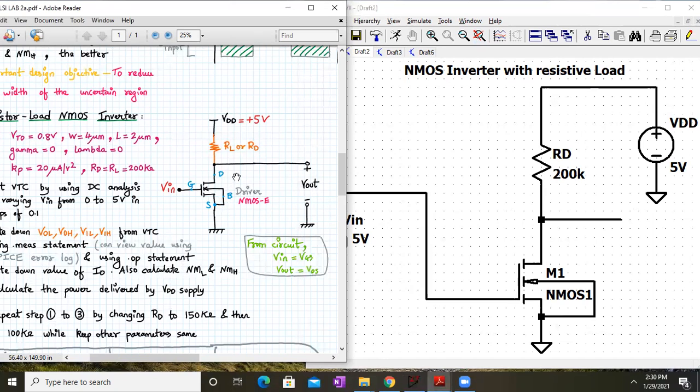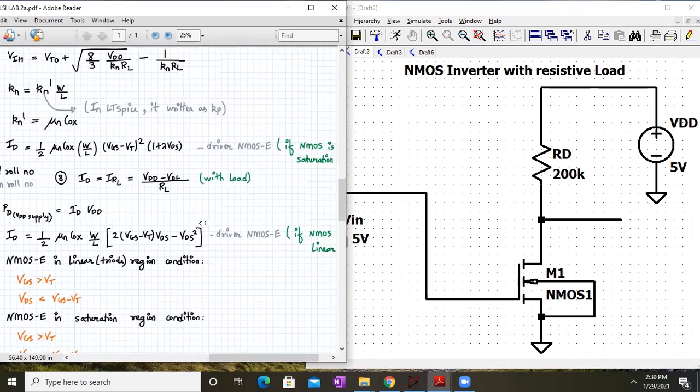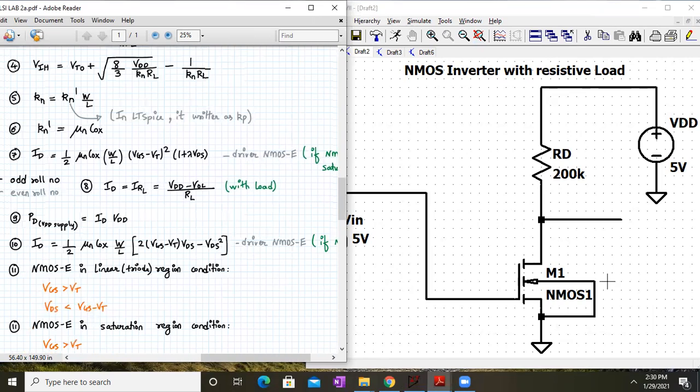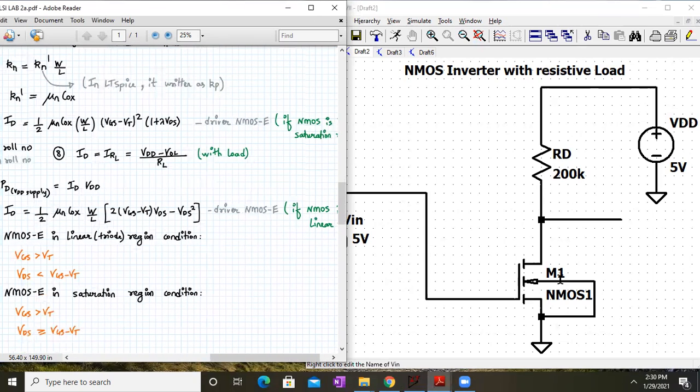Let's see why. If you look carefully, the driver MOSFET is working in the saturation region, correct? Or is it working in saturation or cutoff? How will we come to know whether the NMOS is working in the linear or saturation condition?